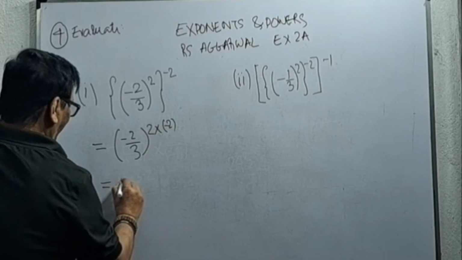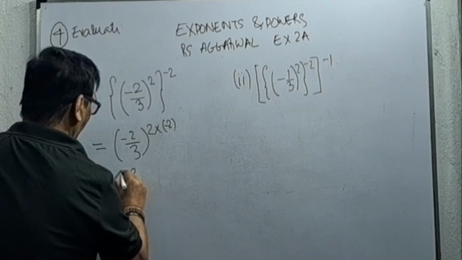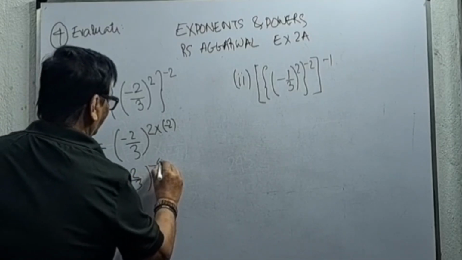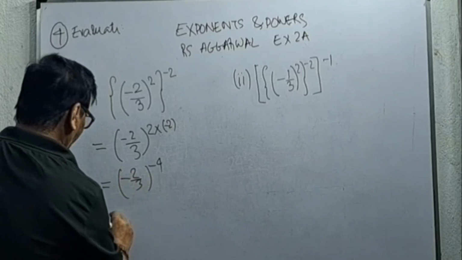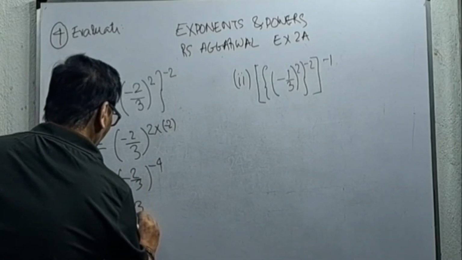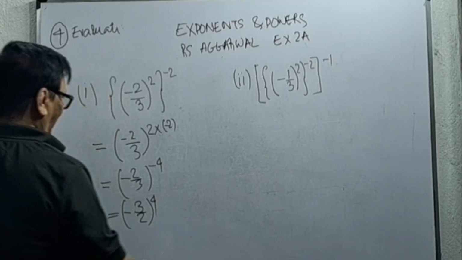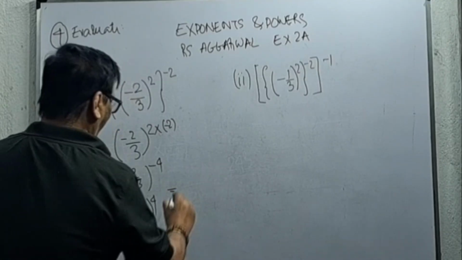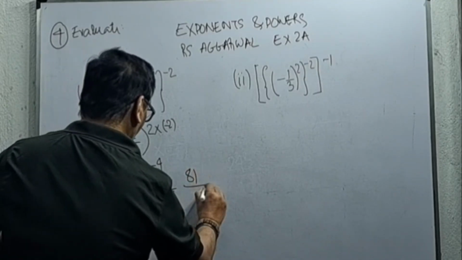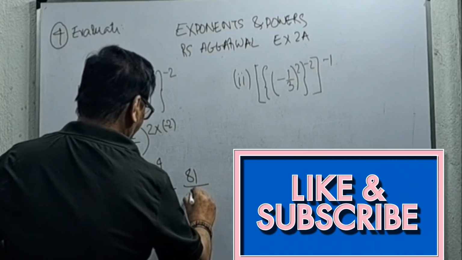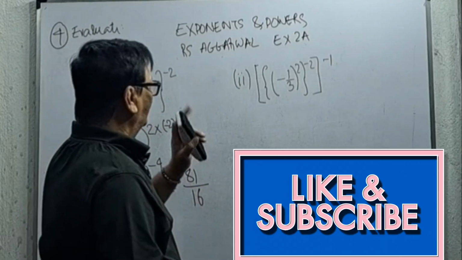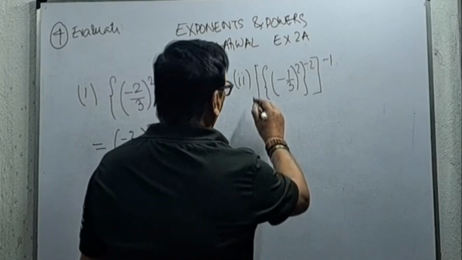Second line we write minus 2 by 3 minus 4. Now we make the index positive, minus 3 by 2 power 4, right? And that gives you 81 by 16. Now here we have got 3 brackets, 1, 2, 3.